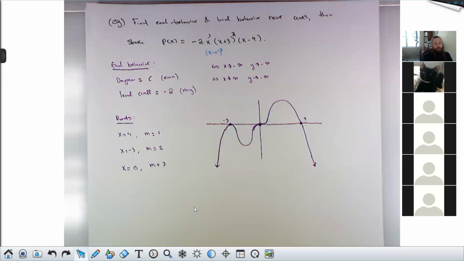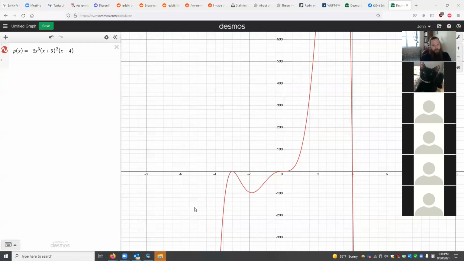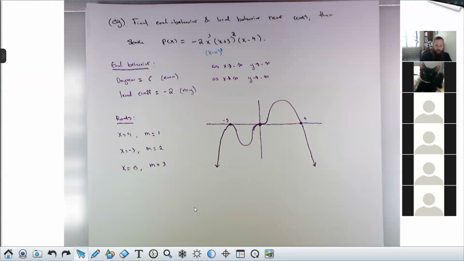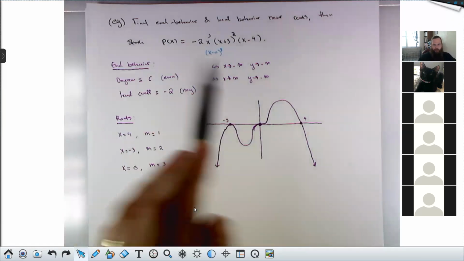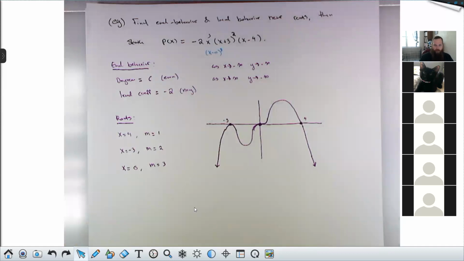So before I move on, are there any questions about how I got this purple graph, why it looks so much like this Desmos graph, what's different about them, why, all that stuff? I just have a question on if we get tested on this, can we do a graph like that? Does it need to be incredibly accurate? If this was a test question, like use end behavior and local behavior near roots to sketch the graph, this right here would be 10 out of 10.